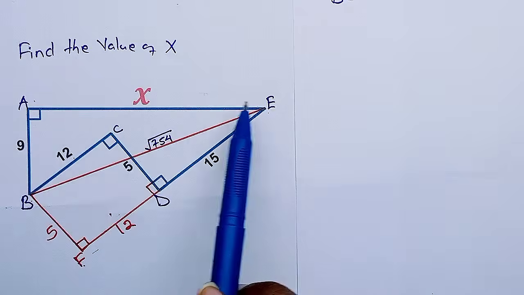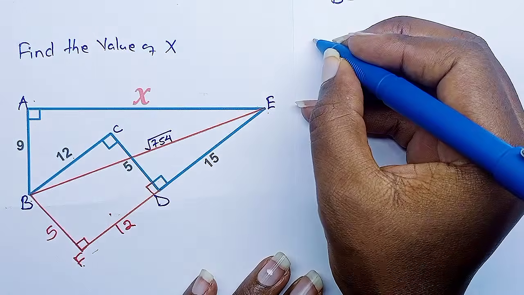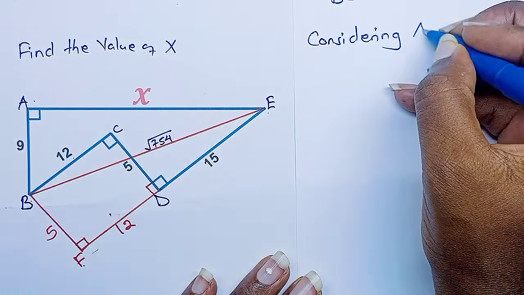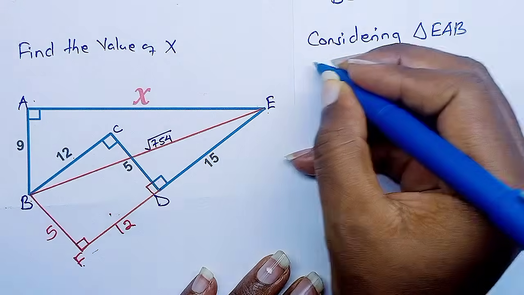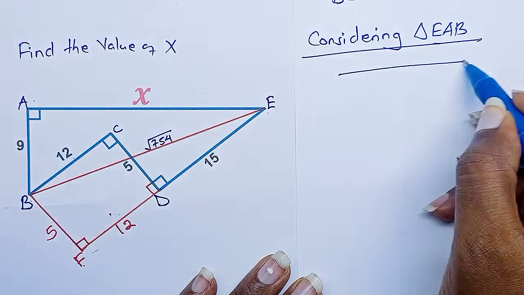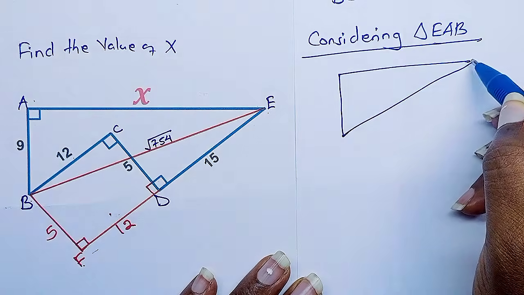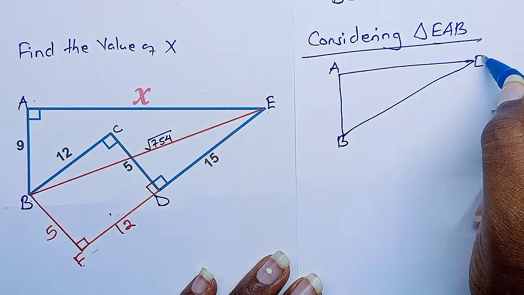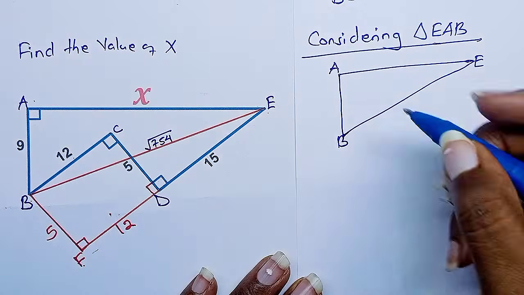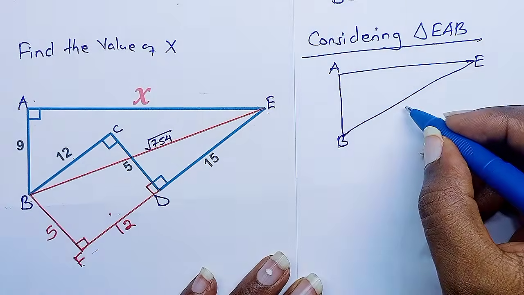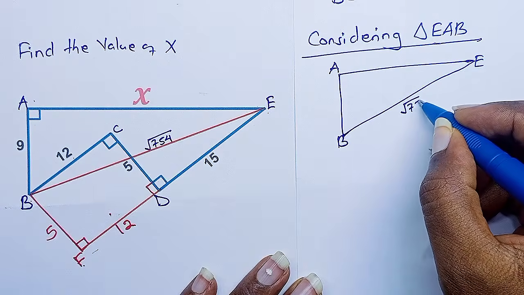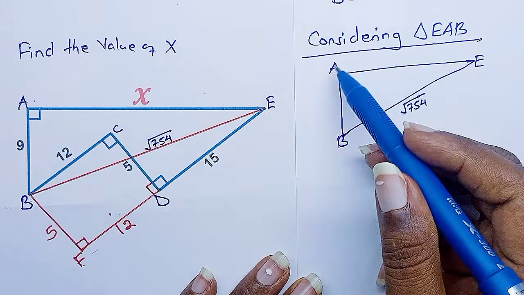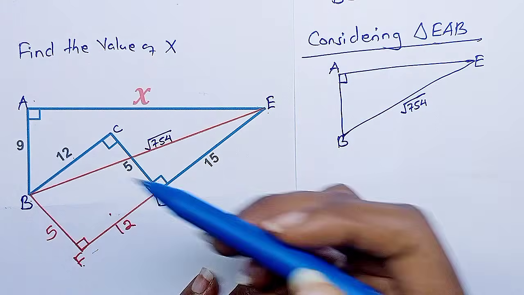Now next, let us consider this triangle EAB. Okay, so considering triangle EAB, which is like this, where this is A, this is B, and this is E, and we've got our BE as root of 754. This is 90 degrees, and we have our side length of AB as 9.